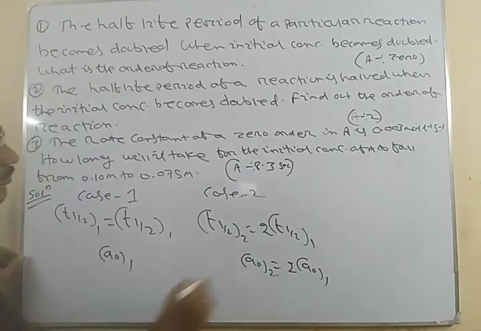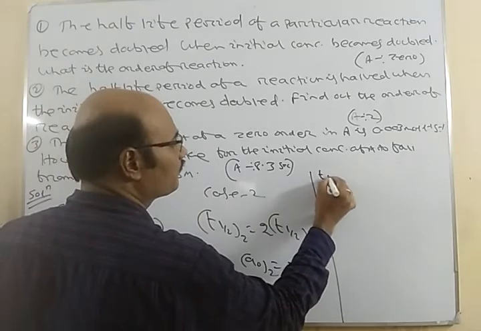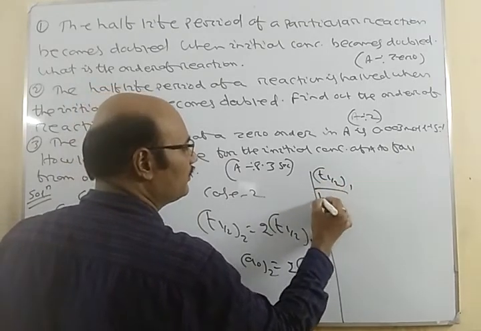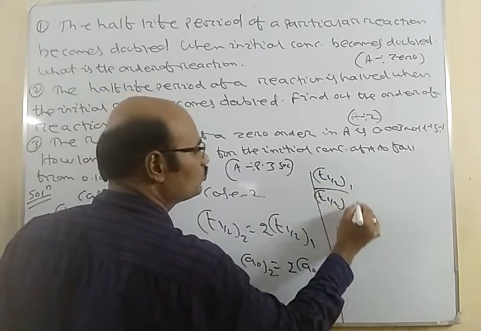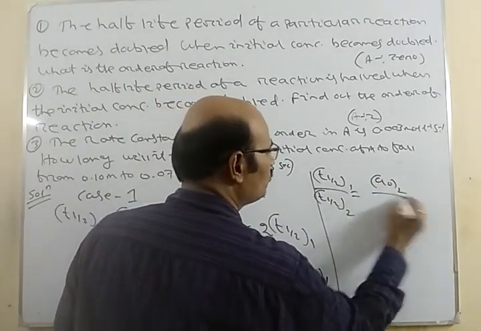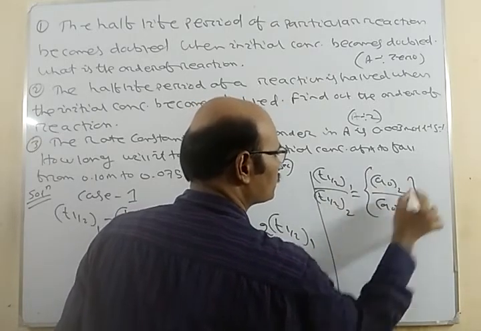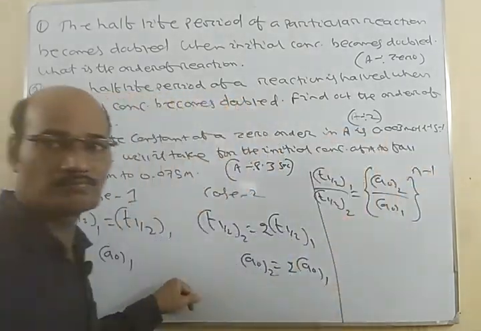Now what can you say? You can say t half 1 by t half 2 is equal to a02 by a01 power n minus 1.